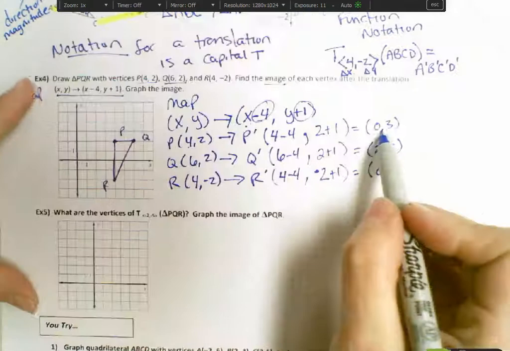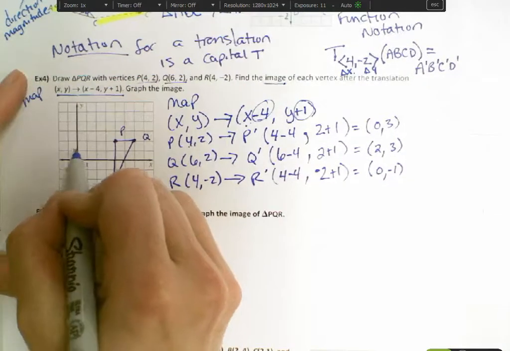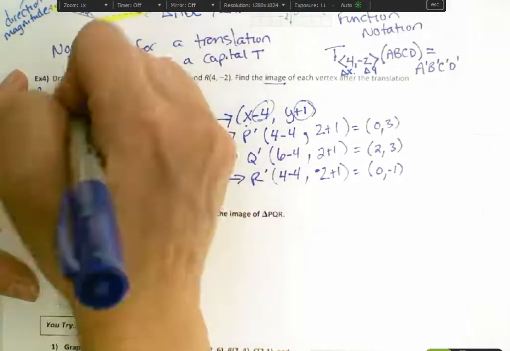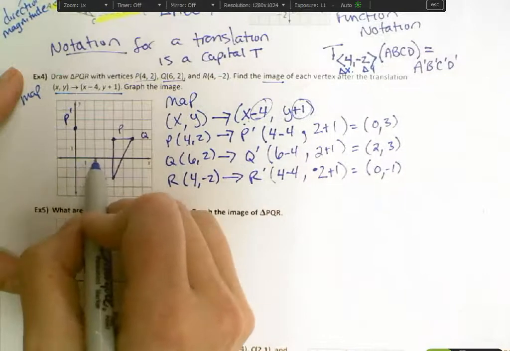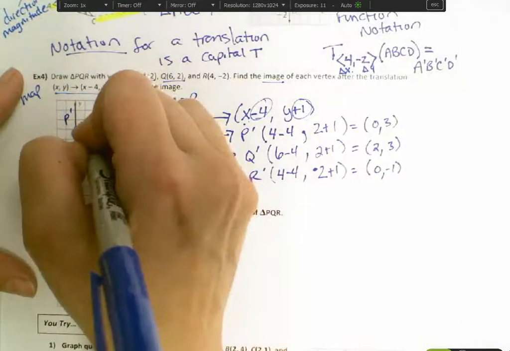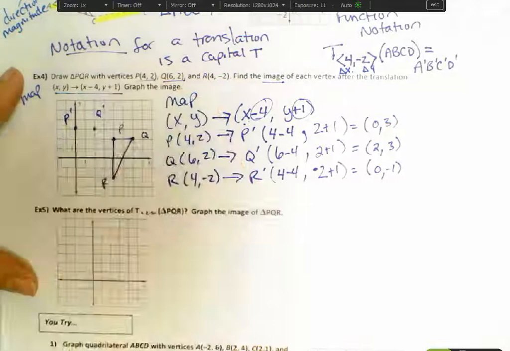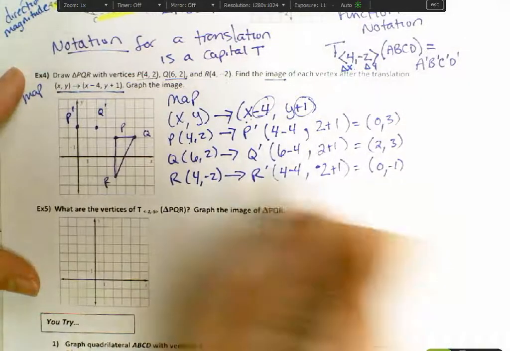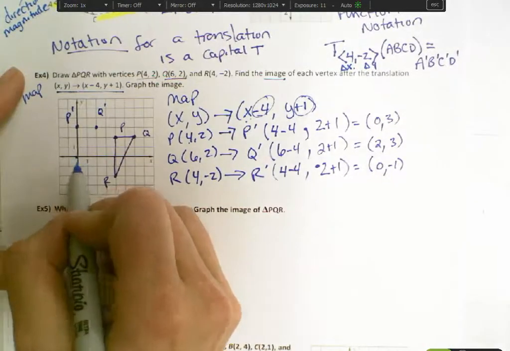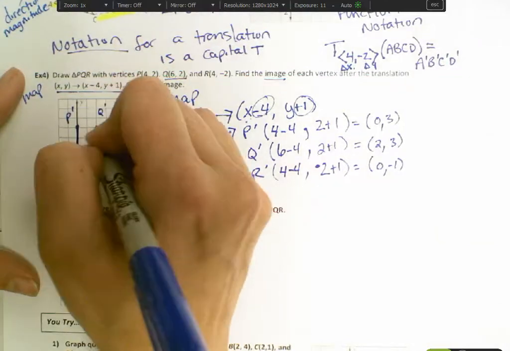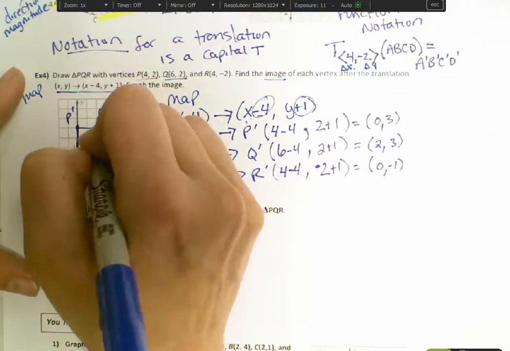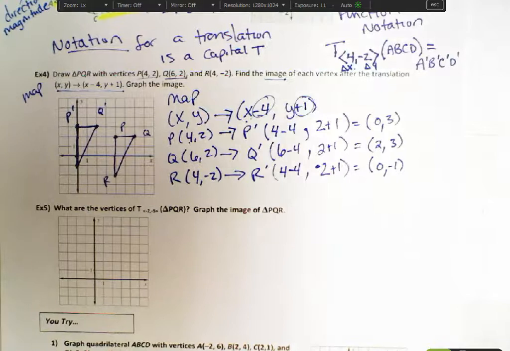So P prime is 0, 1, 2, 3. That's my new P prime. Q prime is 2, 1, 2, 1, 2, 3. Q prime. And R prime is 0, -1. My image should be the same exact shape, only shifted.